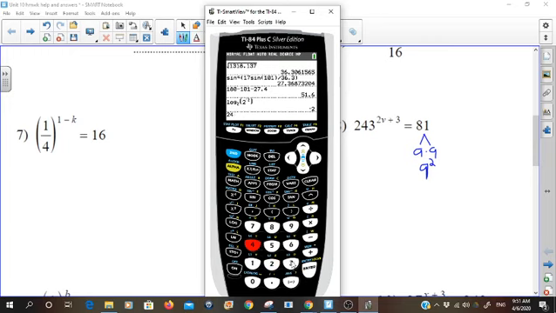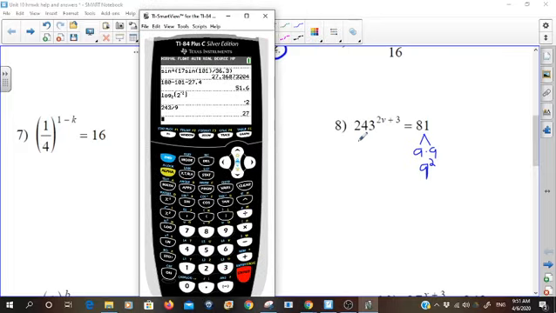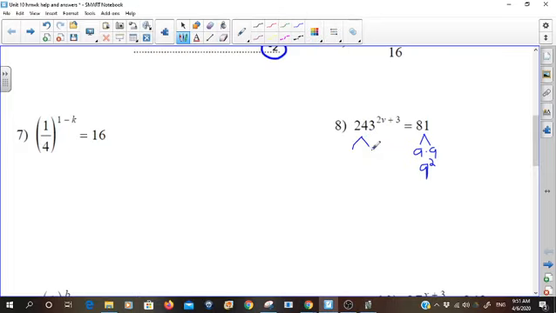So 243, divide by 9, see if it's a factor of 9, which it is. So this factors into 9 times 27. Nice. So we don't have the same base number yet, so we are going to have to factor that 27 down more. And it also factors into 9 times 3. Good.